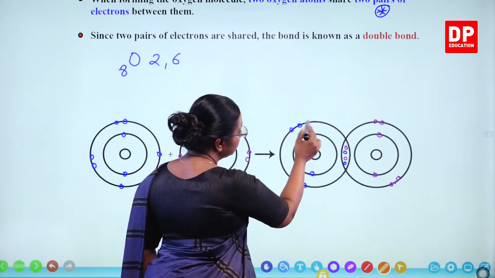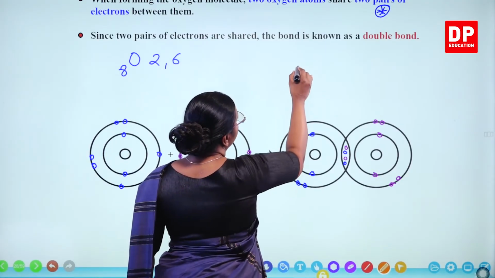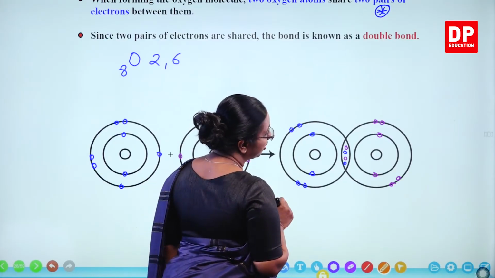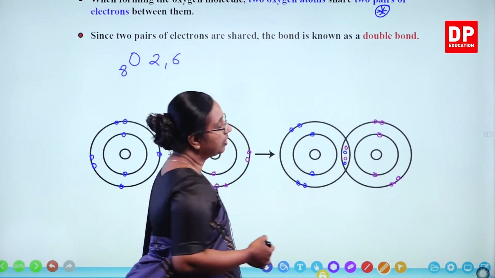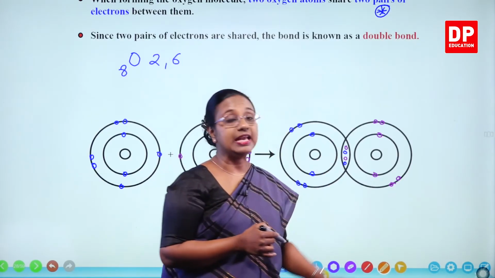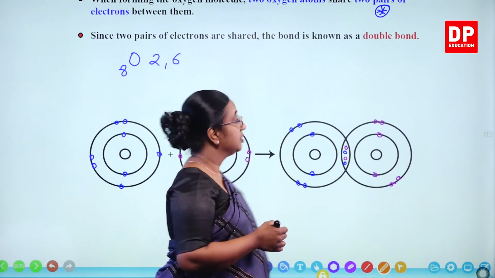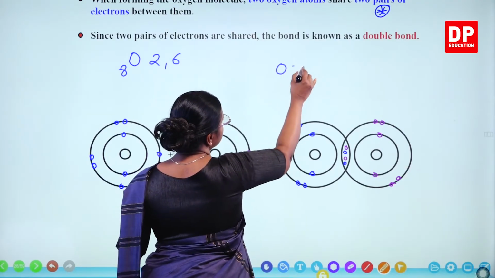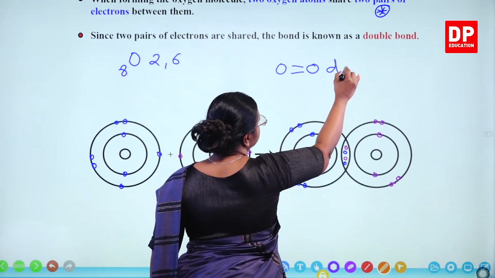So then there are 2 lone pairs. So oxygen, oxygen, double bond is formed. Same goes for this oxygen as well. 2, 4, 6, 8 electrons are there. So we can say oxygen, oxygen, double bond.